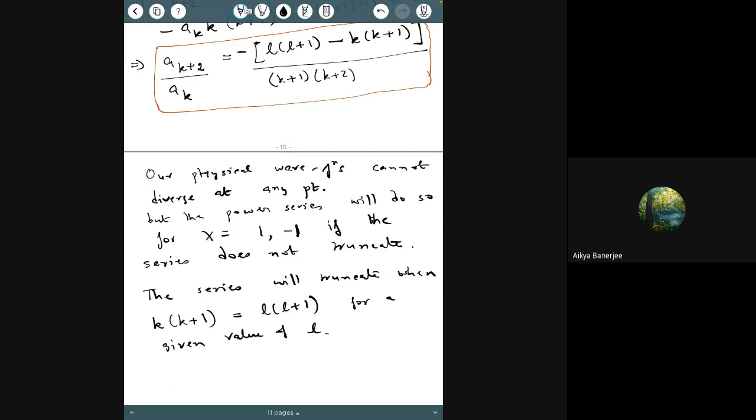So the solution for a given value of L will only have powers up to k, where k into k plus 1 is equal to L into L plus 1. So this will be k max, let's say.